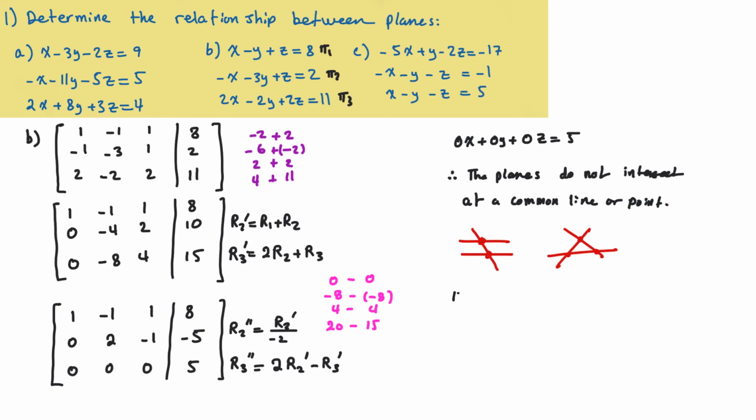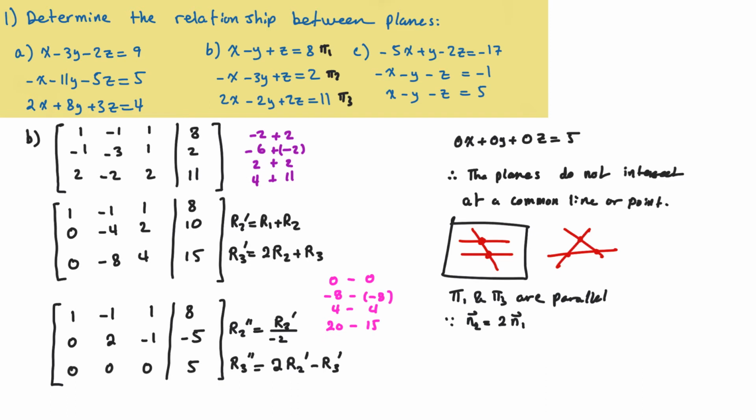So we can write that pi1 and pi3 are parallel, and that's because we got normal of 2 is equal to 2 times normal of 1, and that makes them parallel. And therefore the situation that we have is this situation.